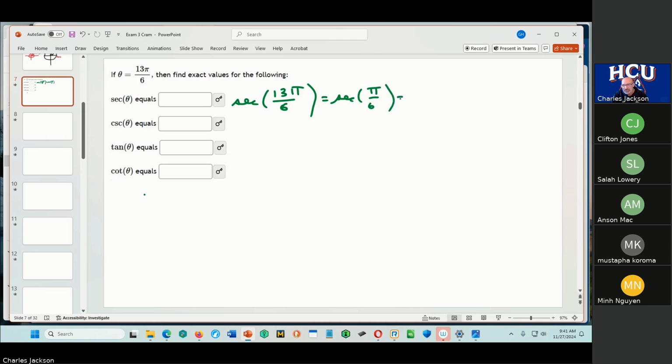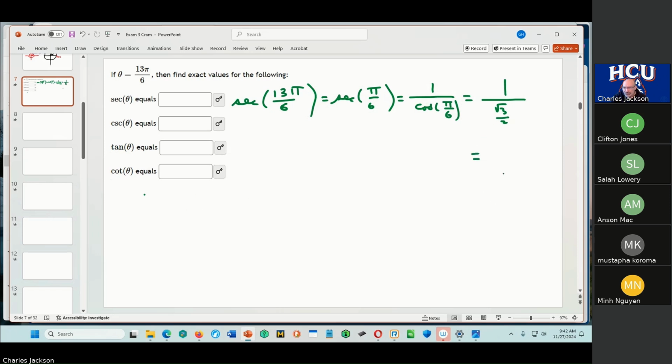Now, of course, that is 1 over the cosine, cos pi over 6. Cosine of pi over 6 is square root of 3 over 2.